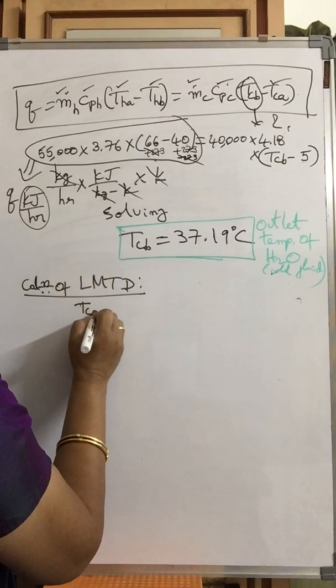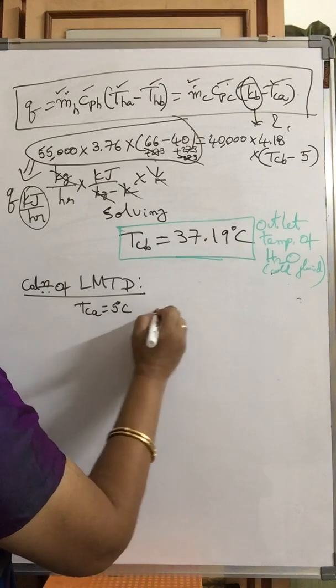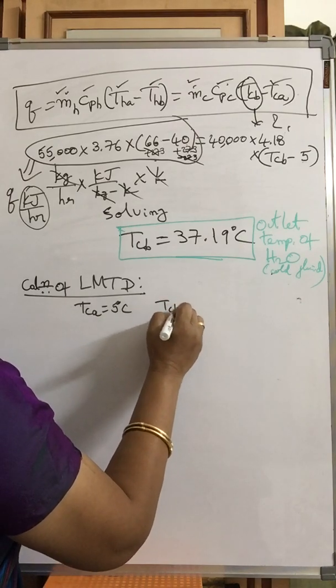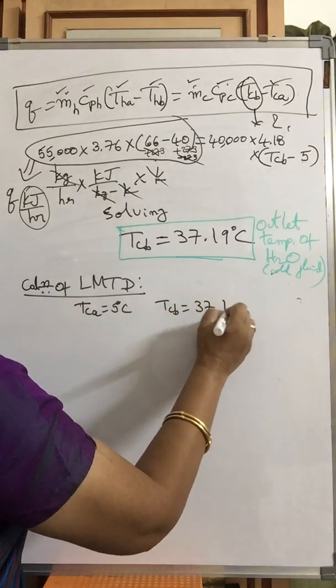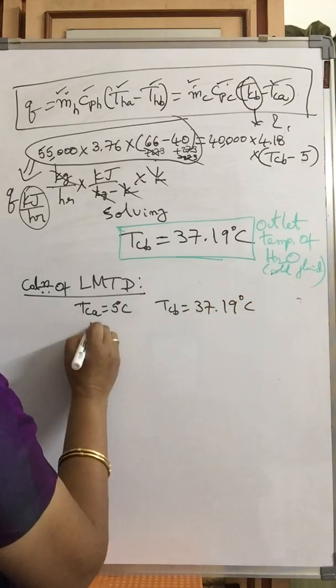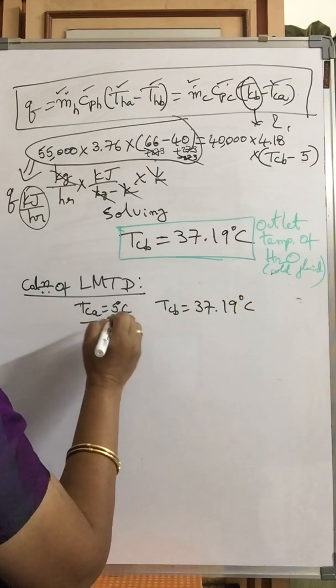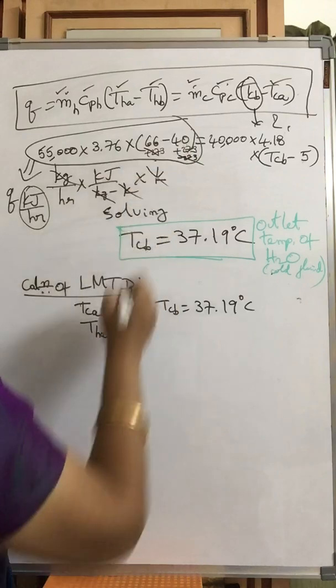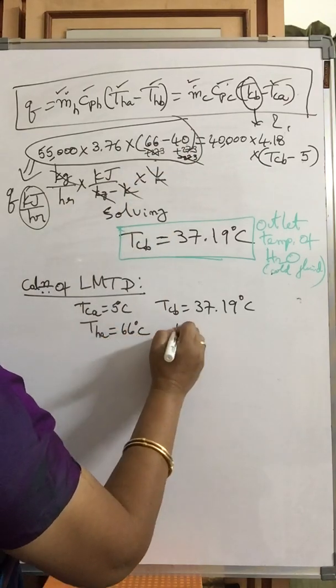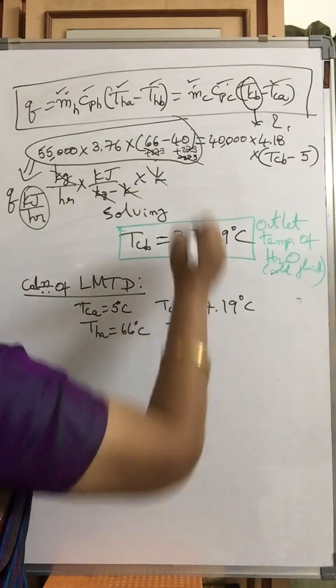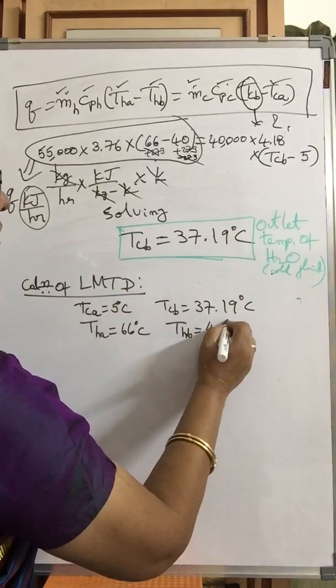TCA is 5 degrees centigrade, TCB is 37.19 degrees centigrade, THA is 66 degrees centigrade, and THB is 40 degrees centigrade.